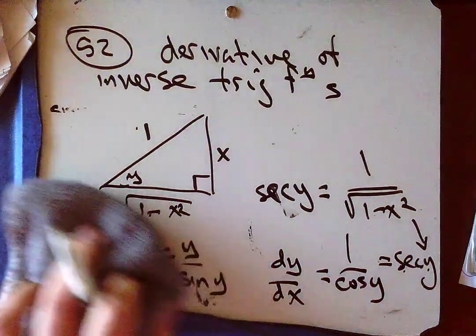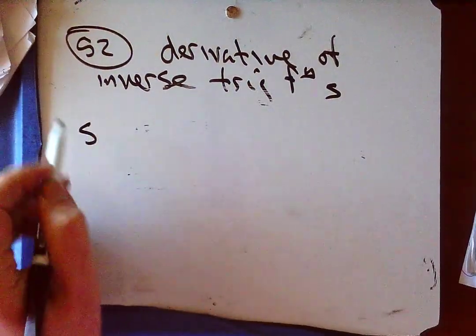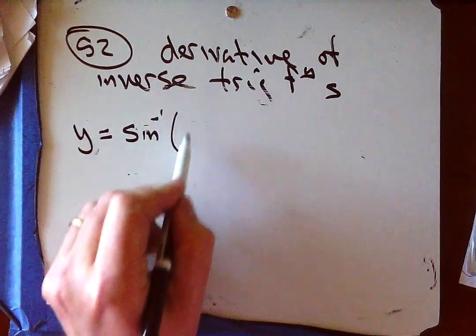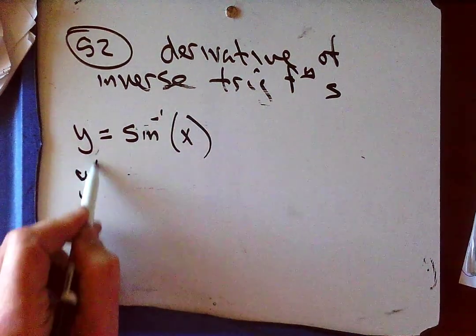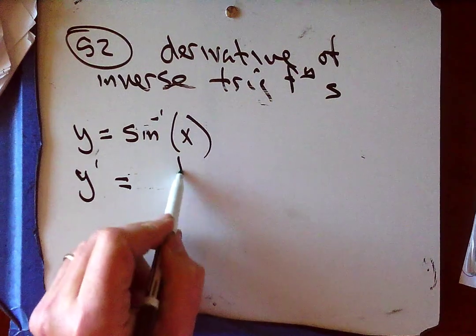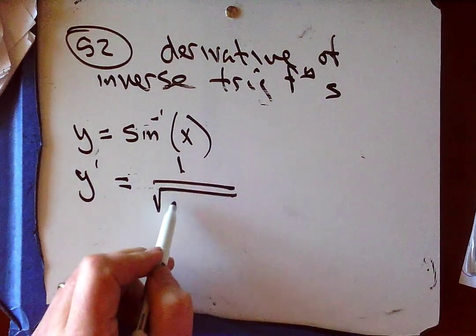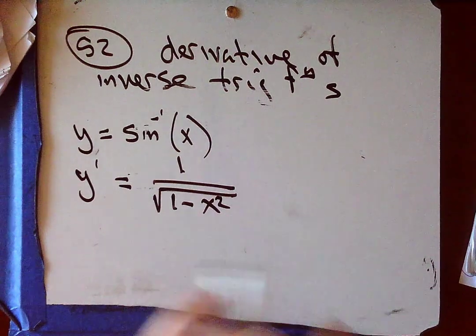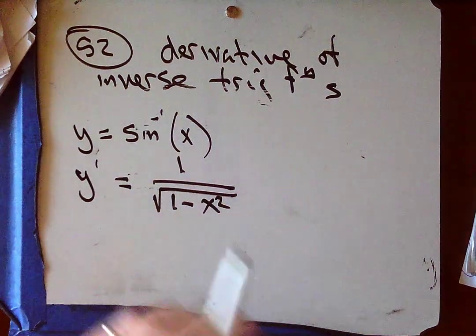So what did we just get? Well, we know if the function is y equals sine inverse of x, we know that y prime is going to be 1 over square root 1 minus x squared. No kidding. That's the derivative of that.